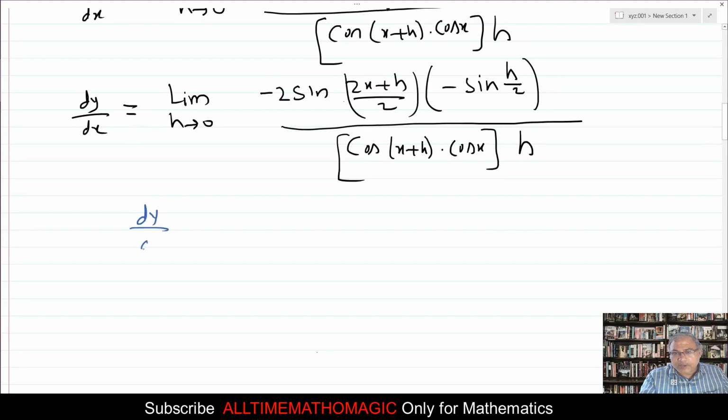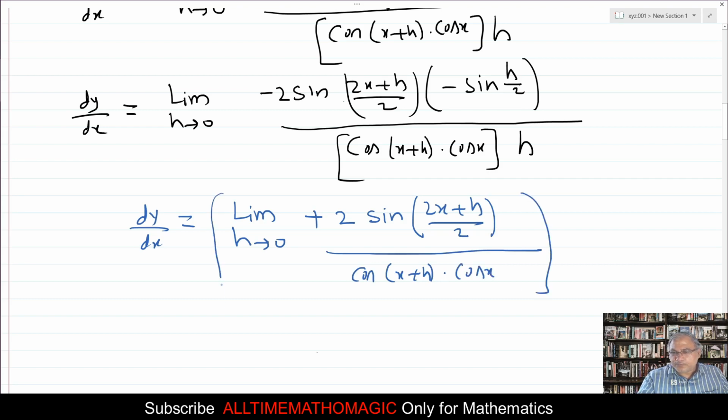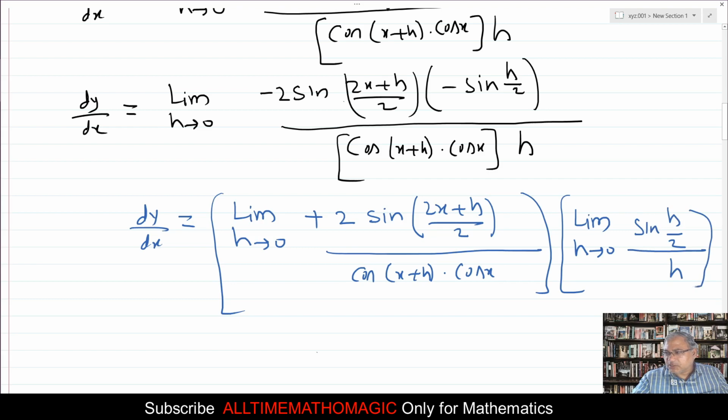Therefore, dy by dx equals limit h tending to 0 of plus 2 sin of (2x plus h) upon 2 divided by cos of x plus h cos x. This is the one group, and limit h tending to 0 of sin h upon 2 divided by h. This is the second group.